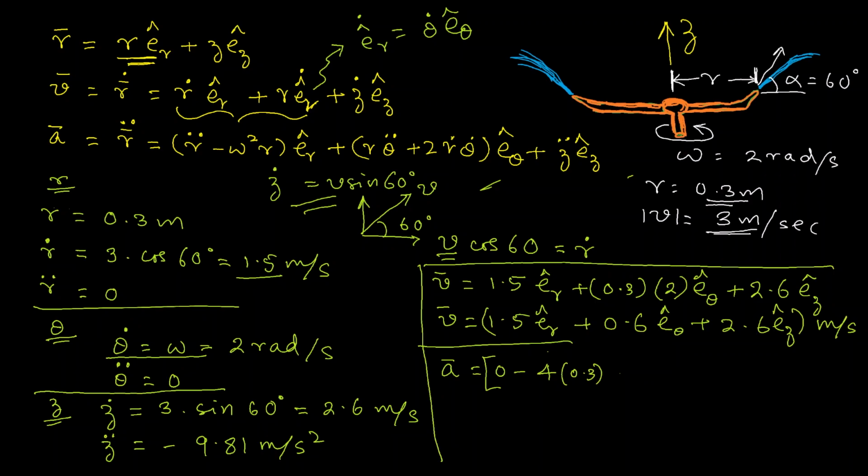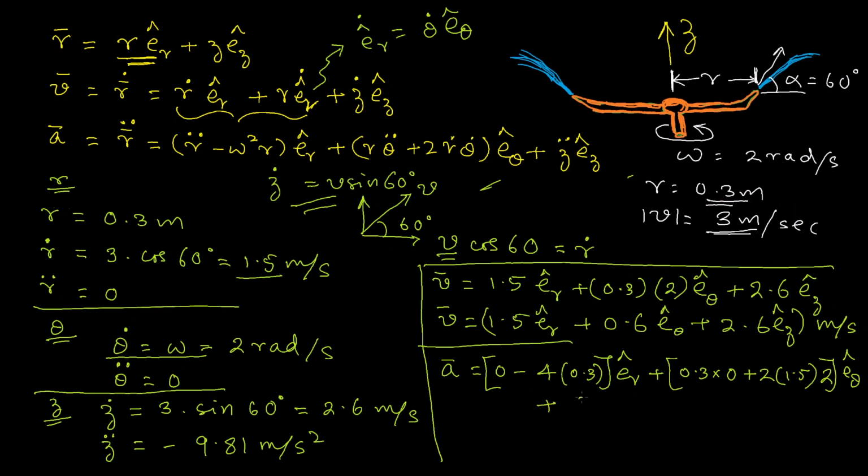So this is the first term times e_r, plus r theta double dot: r is again 0.3 times theta double dot, which is 0, and then plus 2 times r dot, which is 1.5, times theta dot, which is 2. So this is the e_theta term.